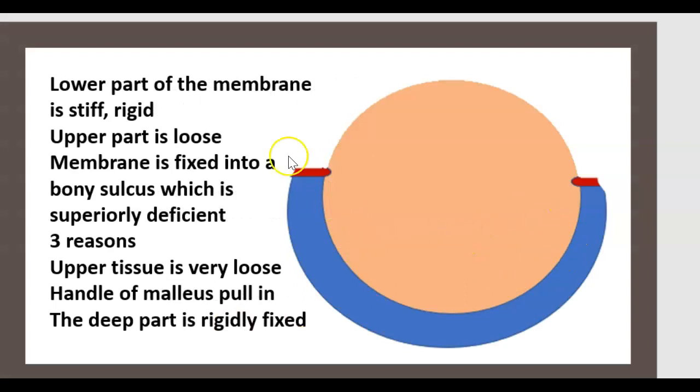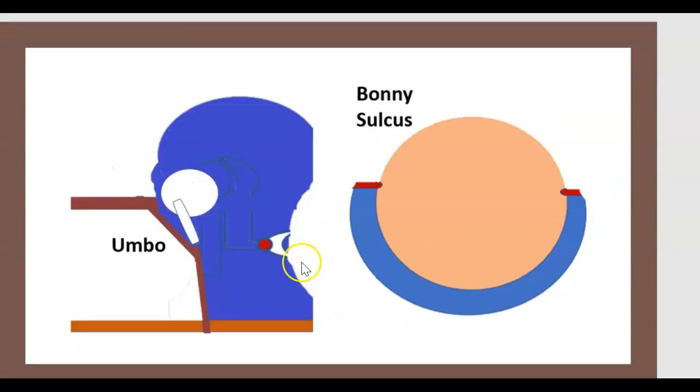The lower part of the membrane is stiff and rigid, and the upper part is loose. The membrane is fixed into a bony sulcus, which is superiorly deficient. Three reasons: the upper tissue is very loose, the handle of the malleus pulls in, and the deep part is rigidly fixed. Here is the bony sulcus, and here's the umbo.